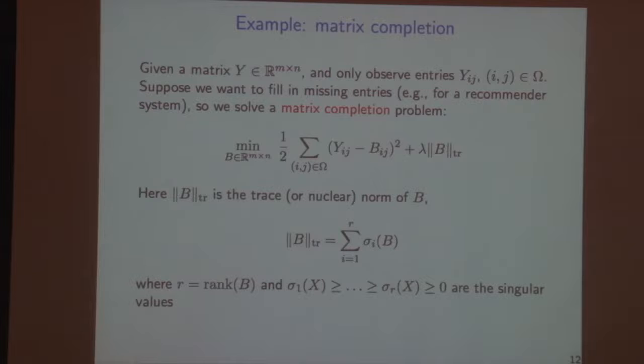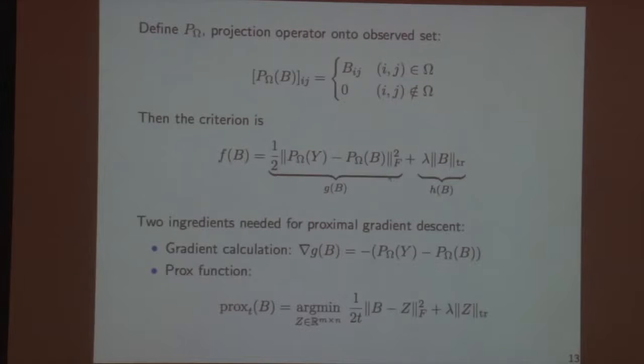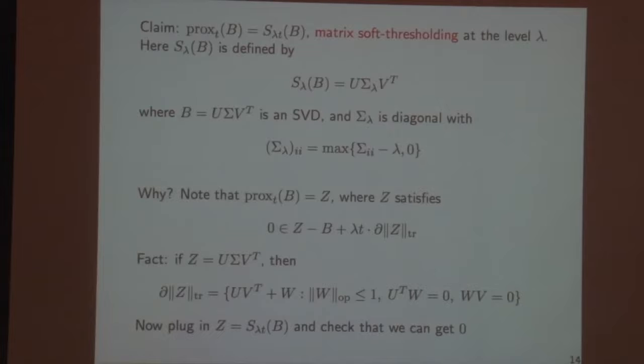In this problem, we had something plus a trace norm penalty. The something, in the context of matrix completion, is just a least squares loss on the observed entries of some matrix. We only observe entries in omega of this matrix Y. And the proximal operator we saw involved a matrix soft thresholding.